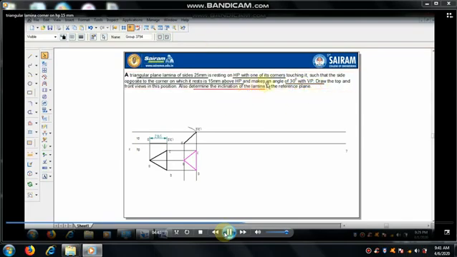Now next is the surface makes the opposite edge, which is opposite to the resting corner, makes an angle of 30 degrees with VP. So we have to move this and rotate the edge which is opposite to the resting corner.